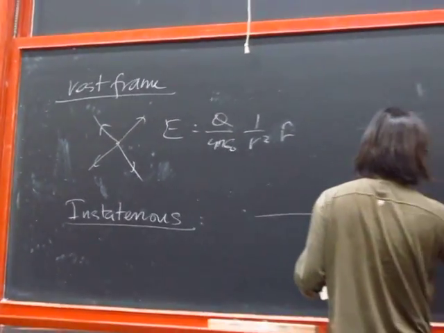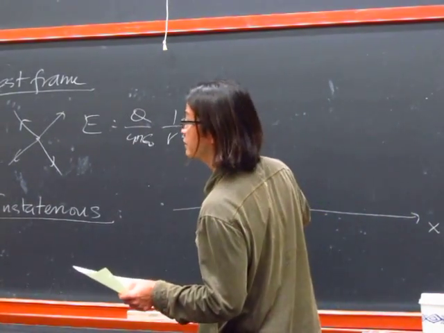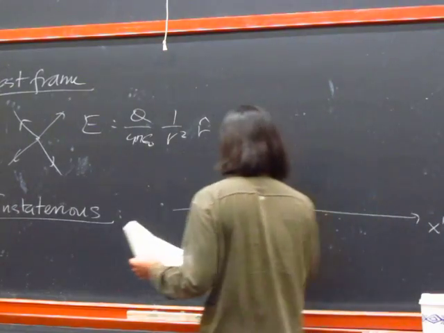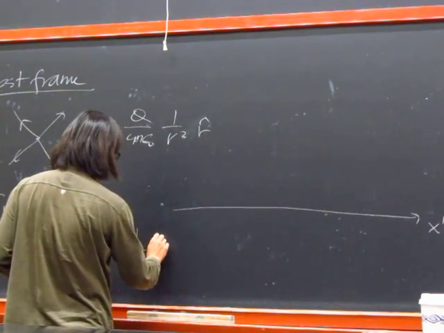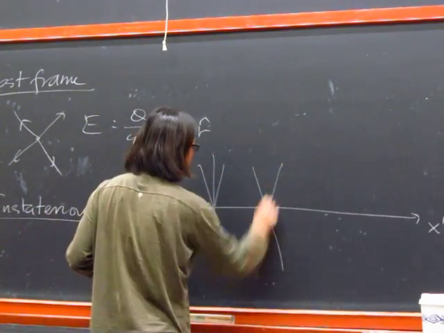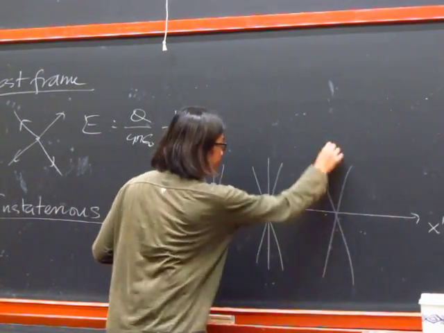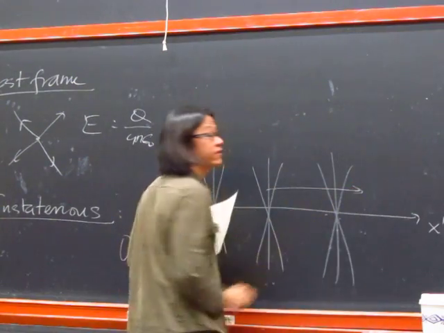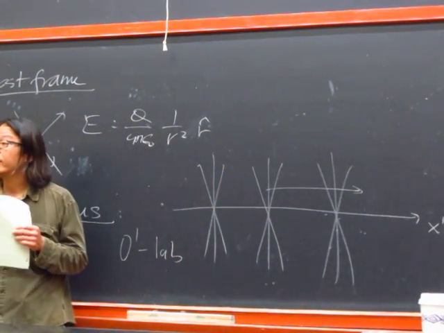So if you look at it in time or in space, right? I guess this is an O prime. Right? O prime is the lab here. You get something that looks like this, and it's moving in that direction. Okay.